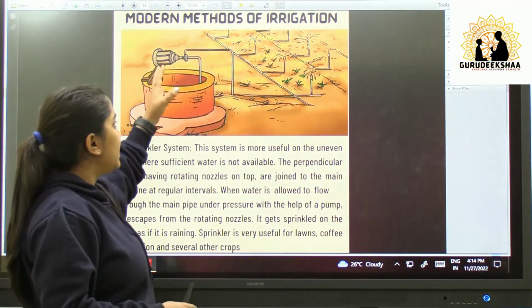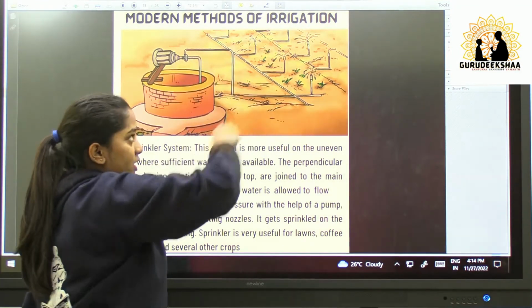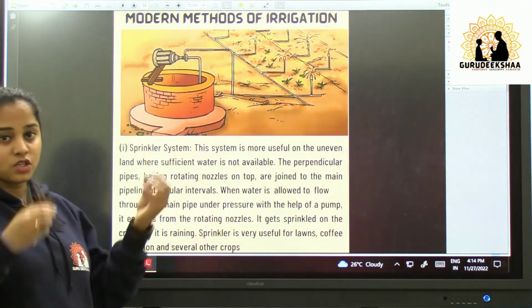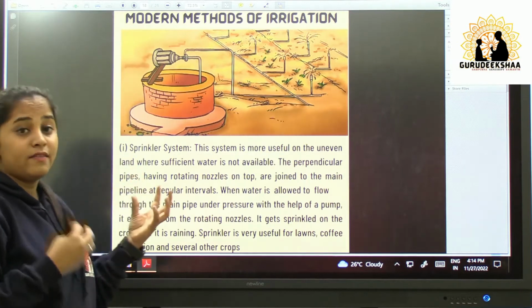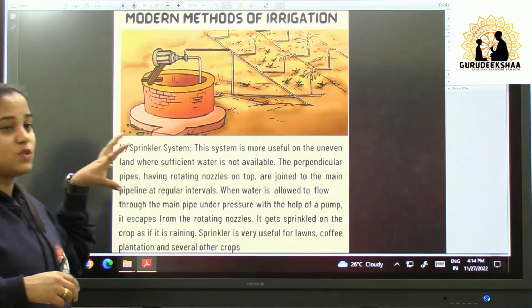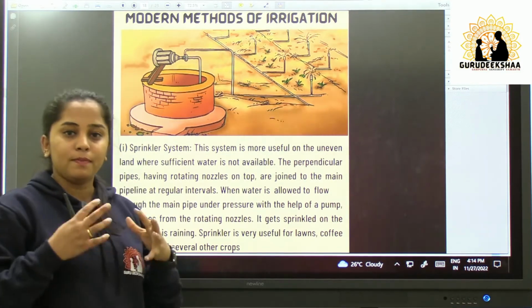See, from the well there is a motor fixed and the pipes grow in a perpendicular direction, upwards. So it sprinkles at regular intervals of time. This is very useful for good production of plants.